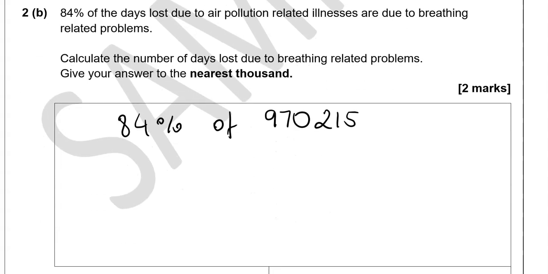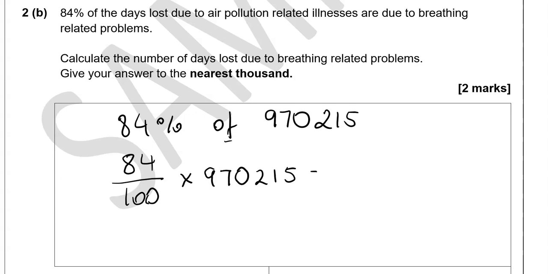As we can use a calculator, we're going to go 84 out of 100, because that's what 84% means, of 970,215. So plugging this into the calculator, we get 814,980.6 days.